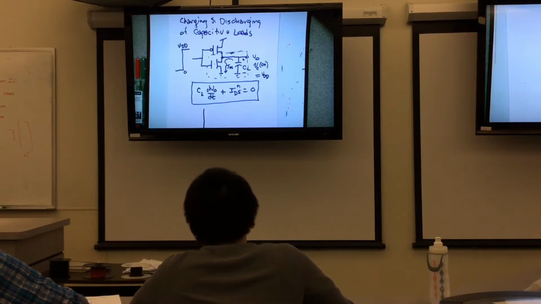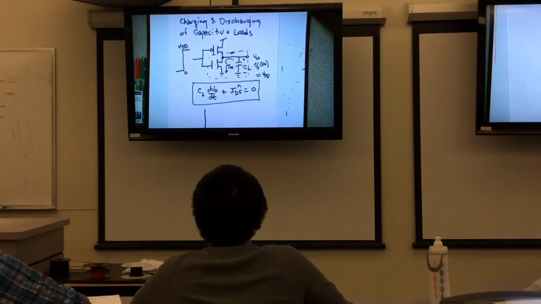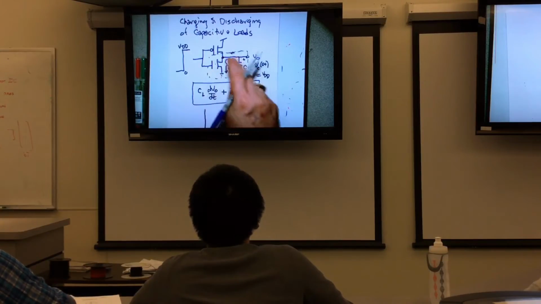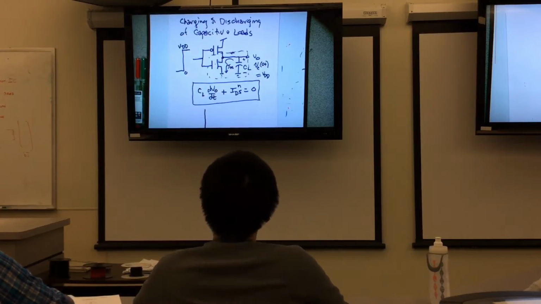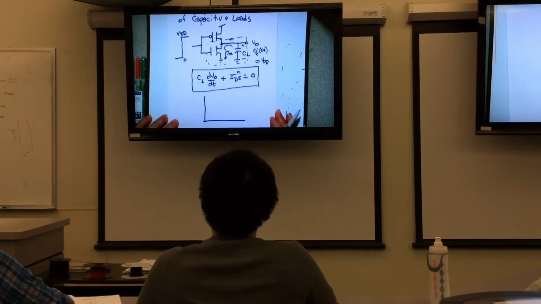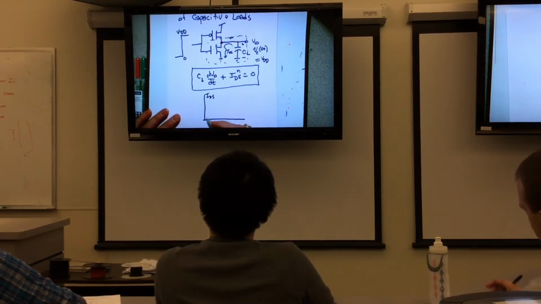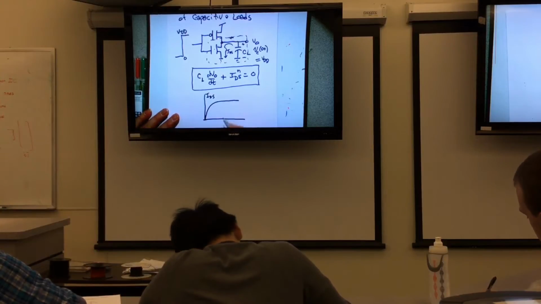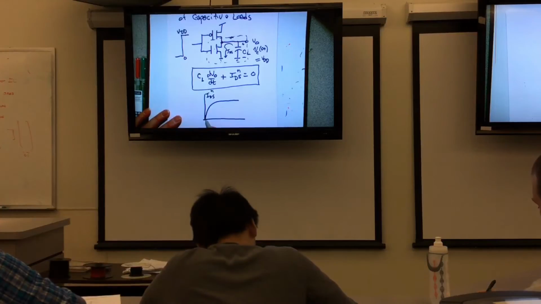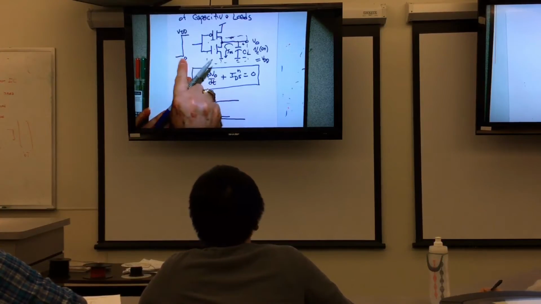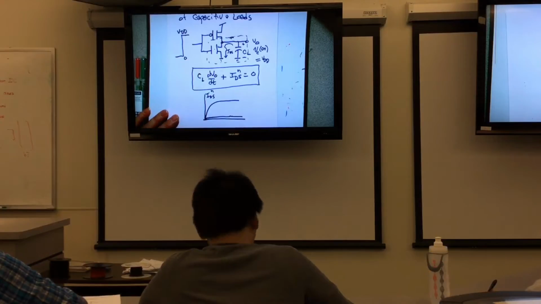And as I said last time, we're going to assume that we zip through the transition, turning this one off and that one on, very quickly compared to whatever the charge and discharge time is with this lower capacitance. Do you remember about this? Yeah. And so if we look at the characteristic for the N-type device, which is something like this, prior to having this step applied, it would be cut off down here.